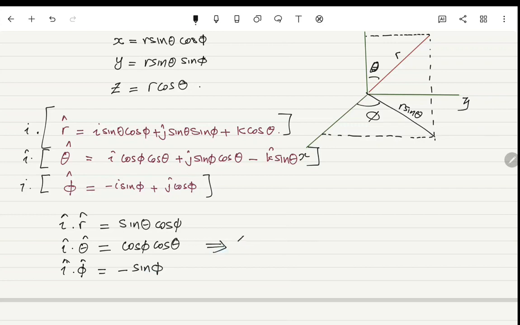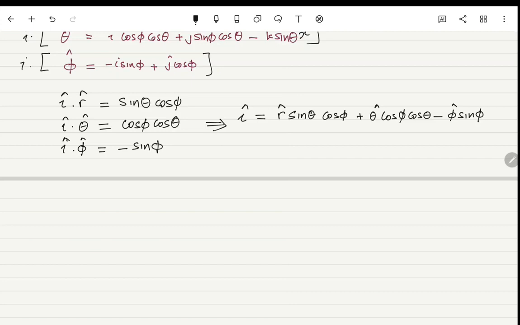Therefore, I as a vector can be written as r hat sine theta cosine phi plus theta hat cosine phi cosine theta minus phi hat sine phi.